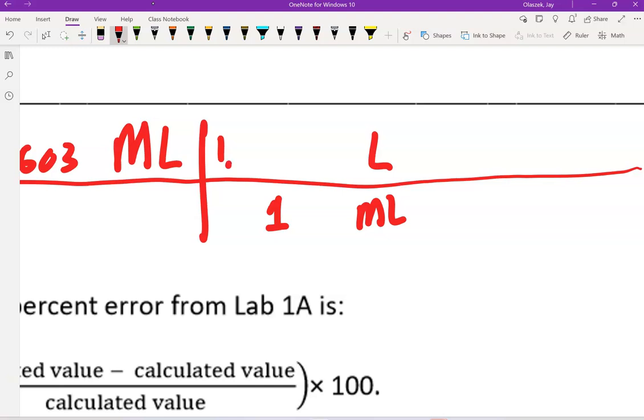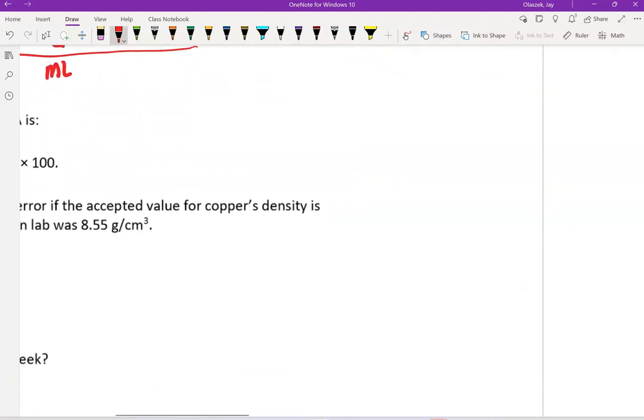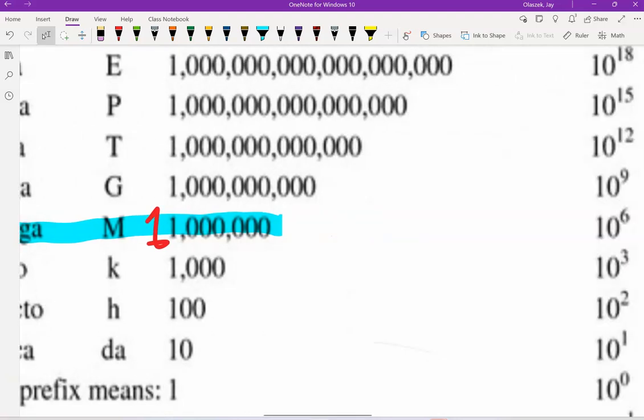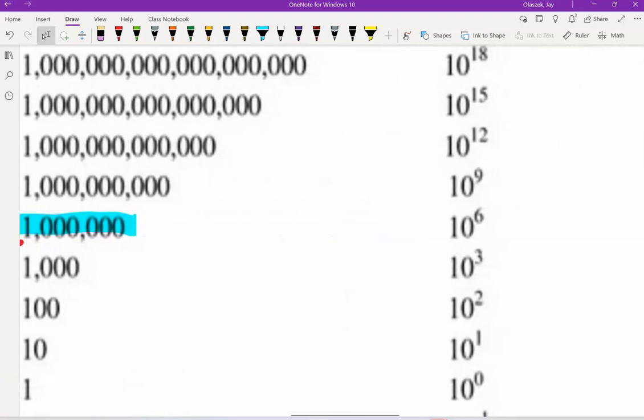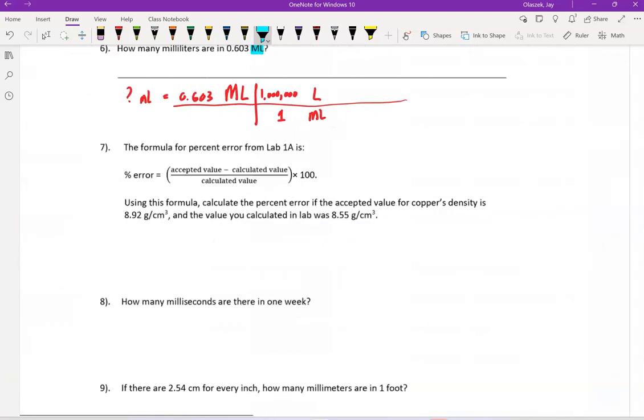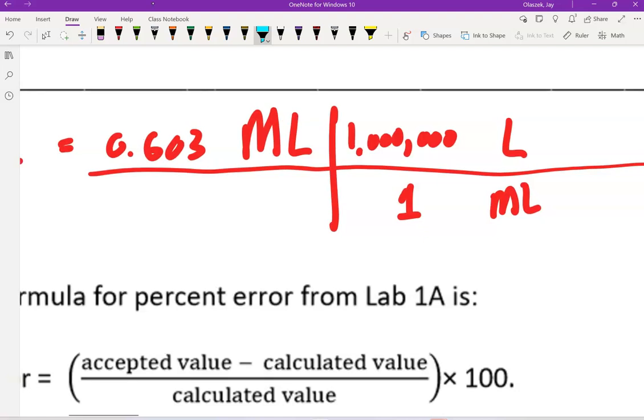If you want to write that in scientific notation, this chart tells you how to do that: 10 to the 6, right here. If you didn't want to write all those zeros, you could simply write it as 1 times 10 to the 6 liters, and that'd be the exact same thing.